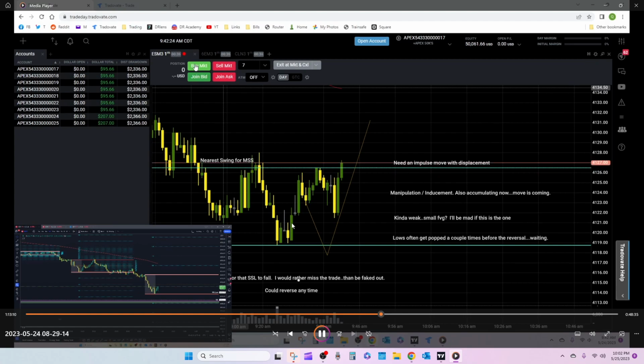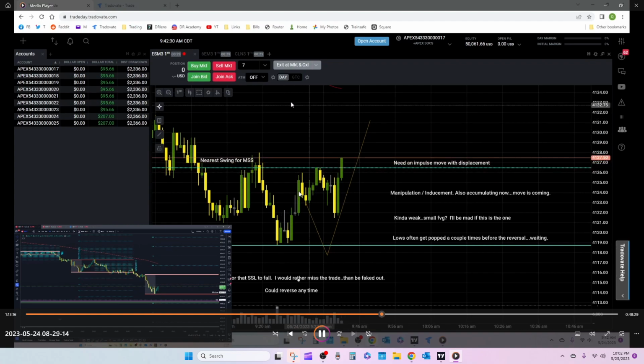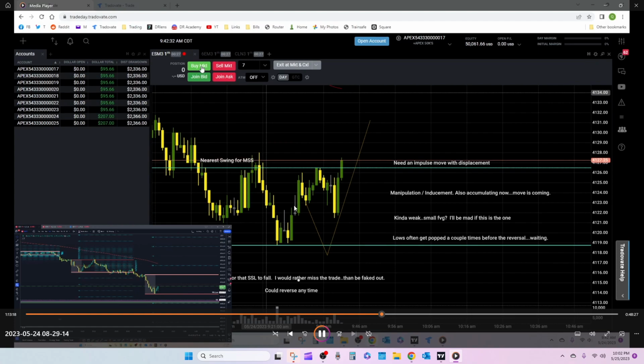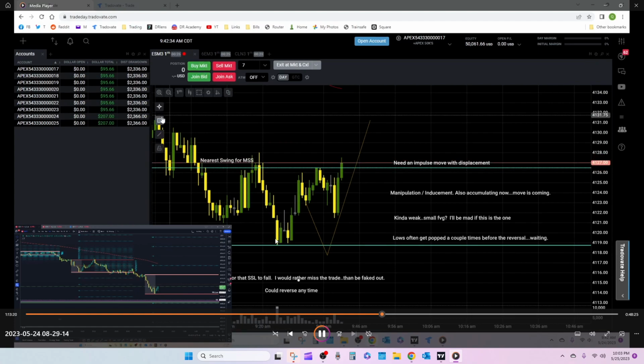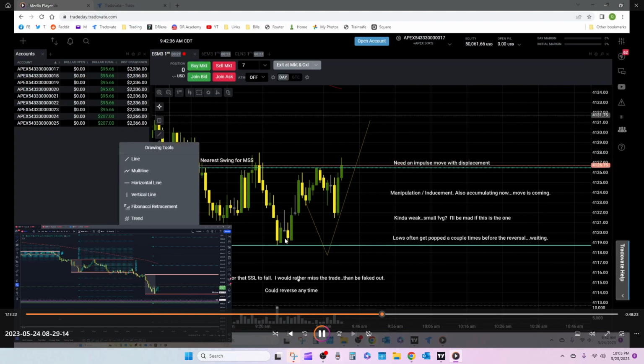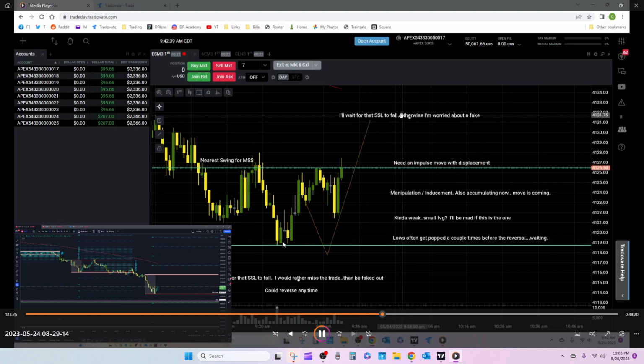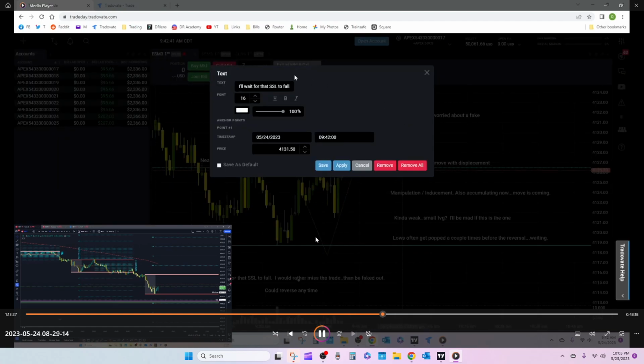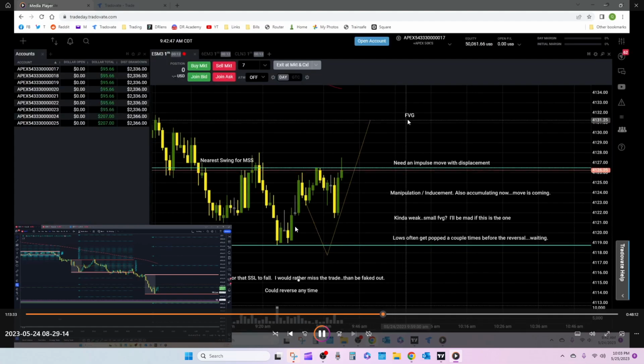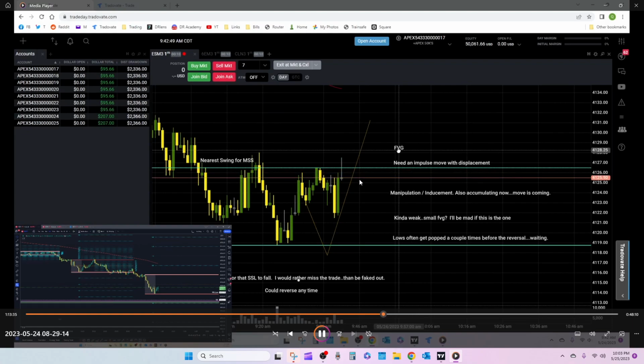There was a kind of a weak fair value gap right here, but that didn't really count as inducement or displacement, and I felt like this was a solid kind of a double bottom. I just figured price was going to still come back down here again, because it only tapped once below this, and like I said, I'm expecting it to do that 2 or 3 times now.